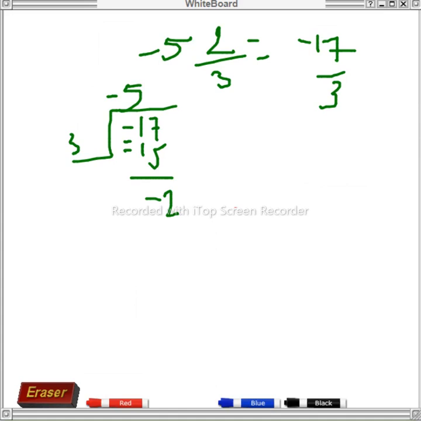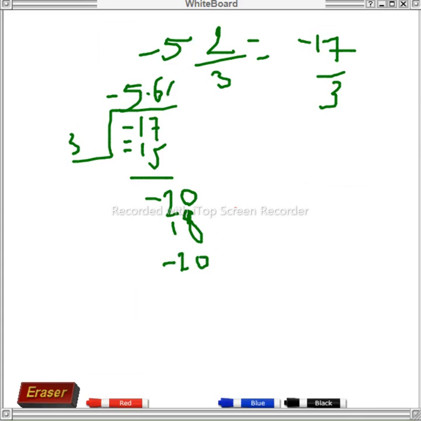When we divide minus 2 by 3, we cannot divide directly, so we put a decimal point and give a 0. Minus 20 divided by 3 gives us 6. 6 times 3 gives us 18. 20 minus 18 gives us 2 again. Now we give another 0.